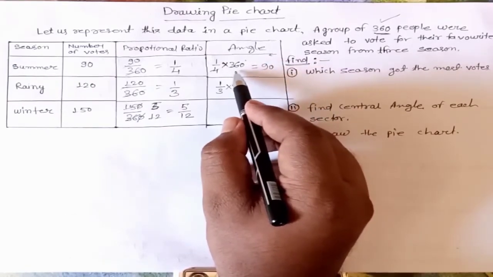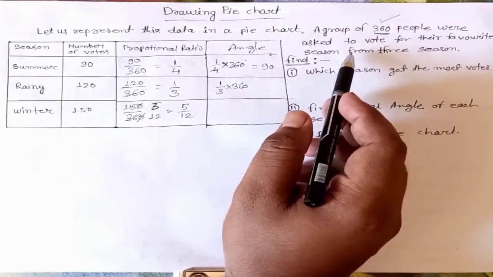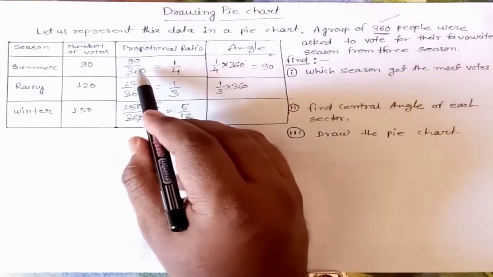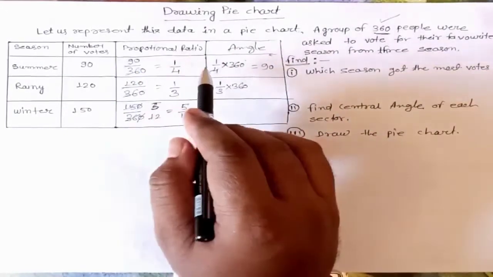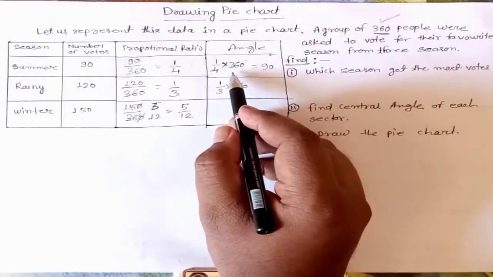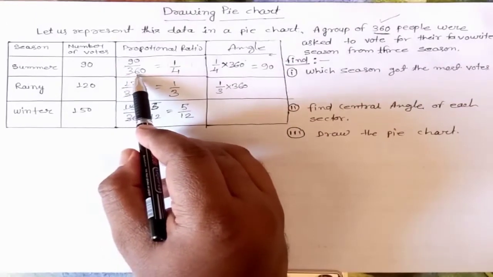This is on a degree basis, right? But this 360 is the same as the number of voters, fortunately. So in this problem the votes are the same as the angle, but in each next problem you have to multiply by 360 again, because there may be changes, right?